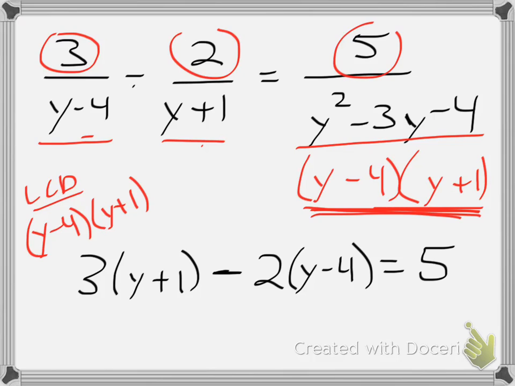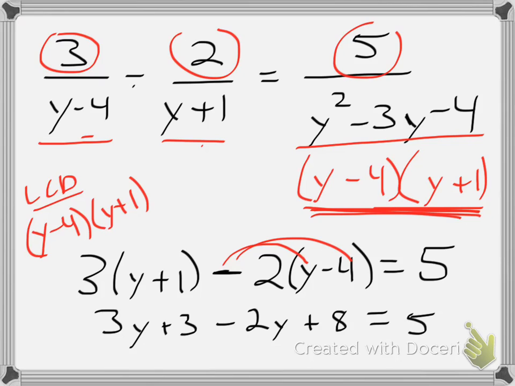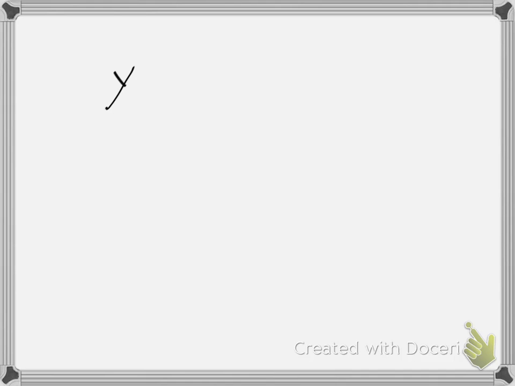Now I'll solve based on what's given to me. In this case, I'll start by distributing my 3 and 2. So I'll have 3y plus 3 minus 2y plus 8, as I'm distributing the negative 2 to the y and to the negative 4, equals 5. Now when I combine my like terms, the 3y and negative 2y end up being a positive 1y.